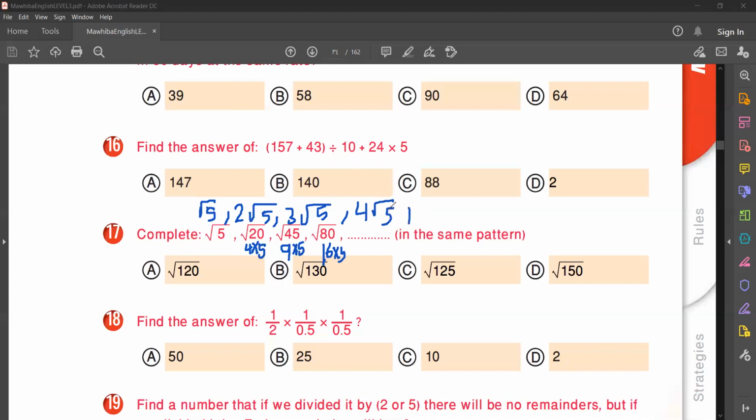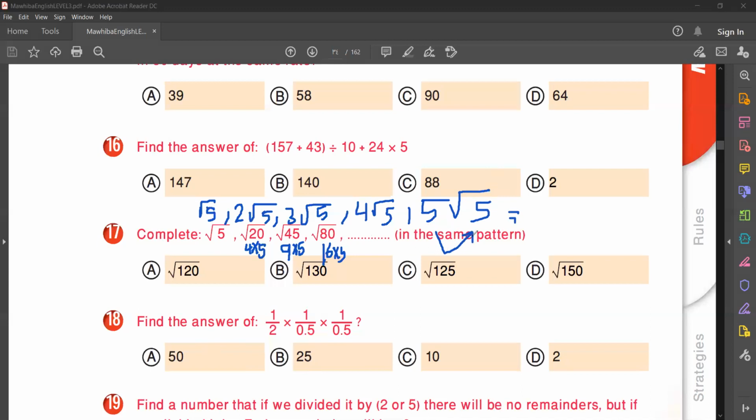Then what is the next? Because you see here, 1, 2, 3, 4, that's outside of the square root, and the square roots are the same. So the answer is 5 square root of 5. Right? What about 5 square root of 5? Go inside here.